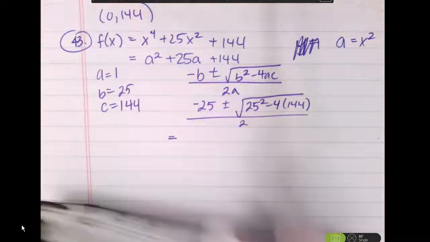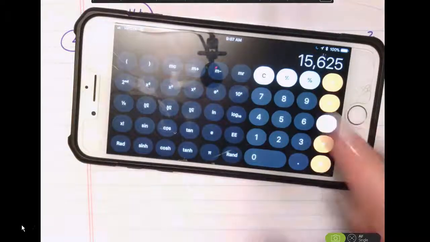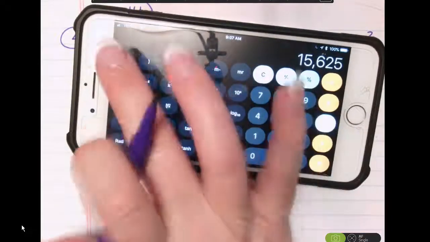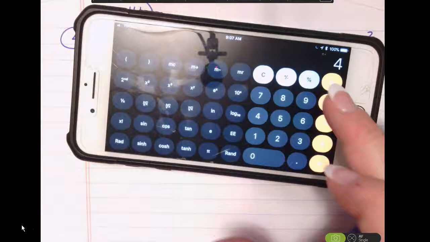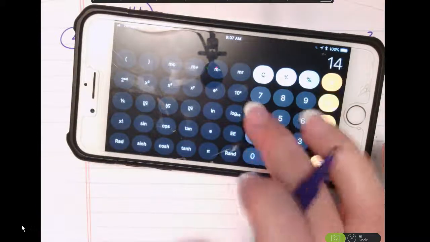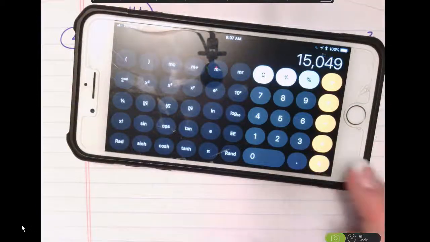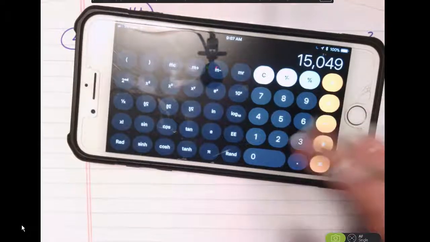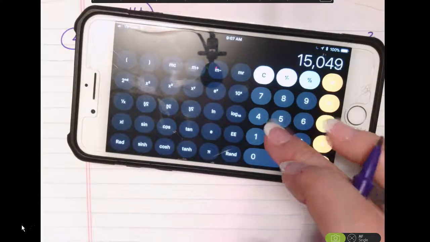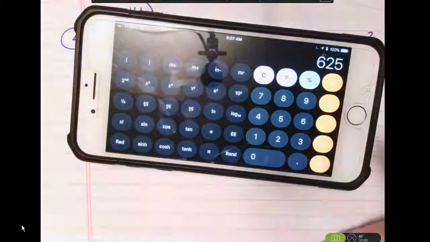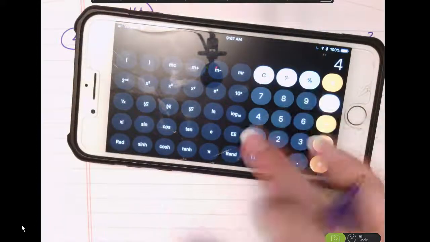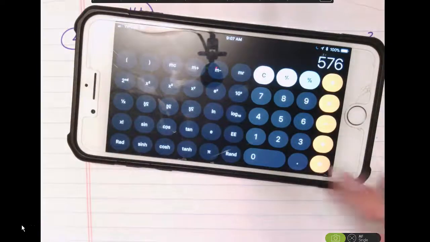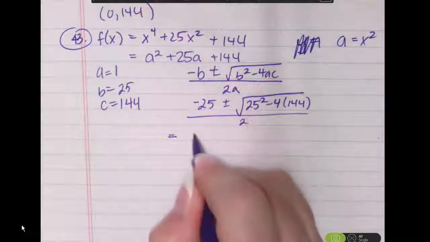So let's do 25 squared minus 4 times 144. I don't think that's right. 25 squared, 625, minus 4 times 144, close parentheses, equals 49. Thank you. I don't know where that other number came from.